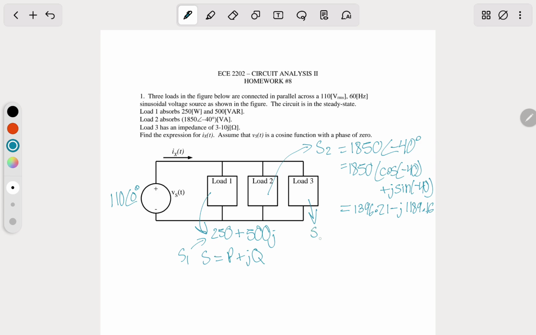So complex power of load 3 equals the voltage squared over the impedance, 3 minus imaginary 10, which gives us 333 minus imaginary 1110.1.